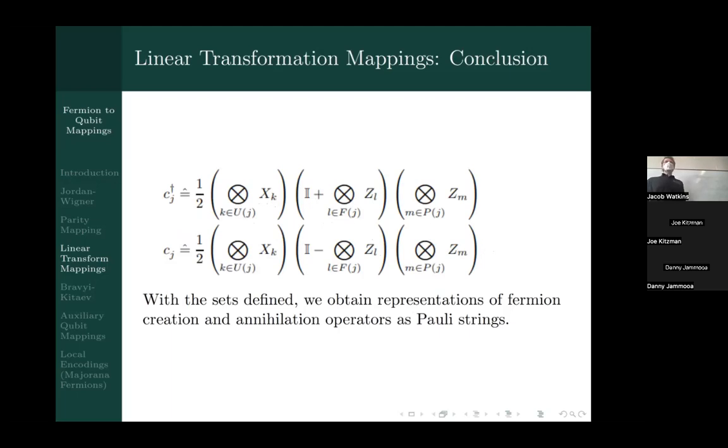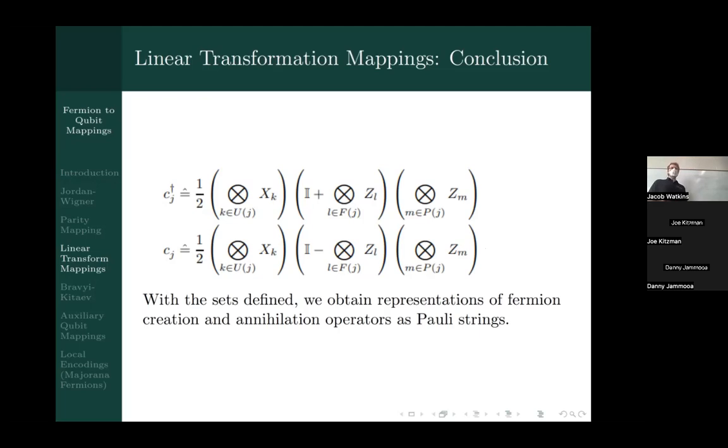And it's possible to show pretty easily that these recover the X plus iY that you get in Jordan-Wigner, because some things are in multiple sets.